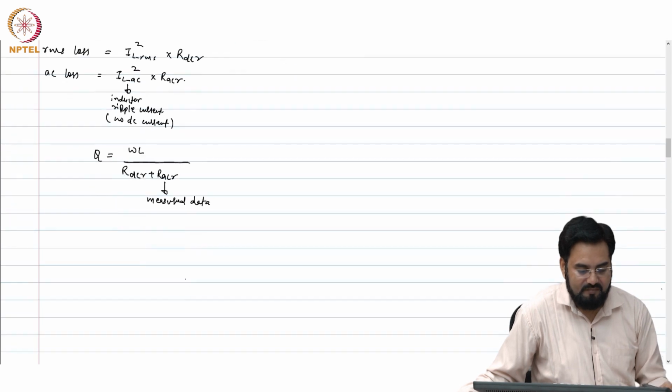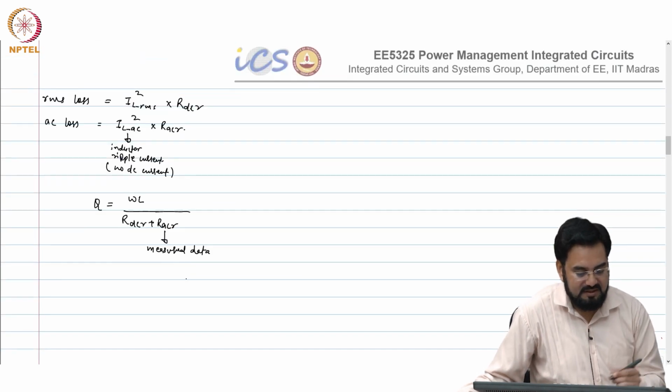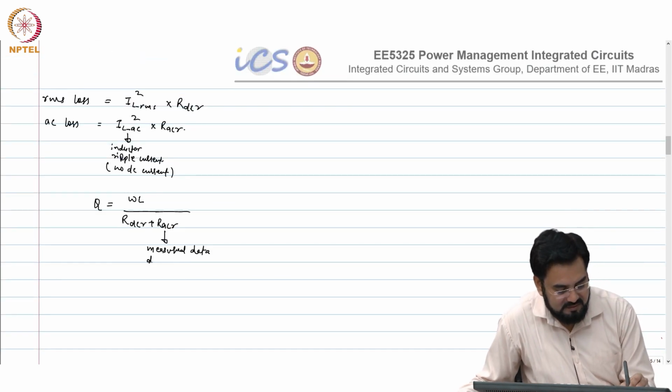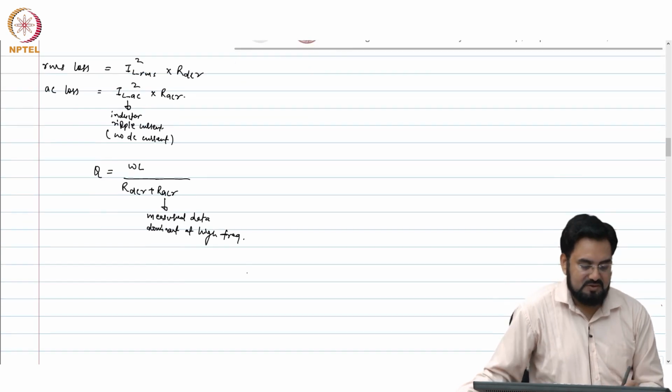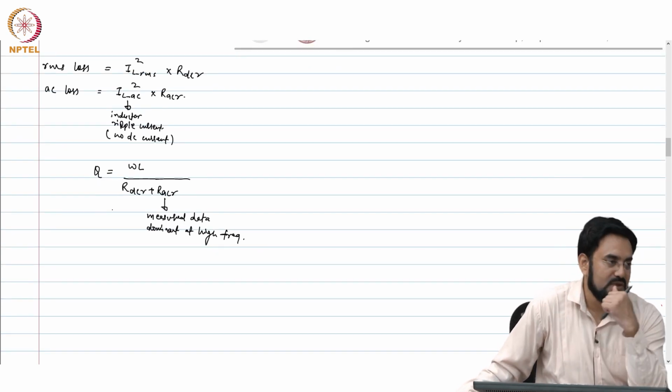Okay. And these are dominant at high frequency. So, some of the data sheets may give you the Q actually.